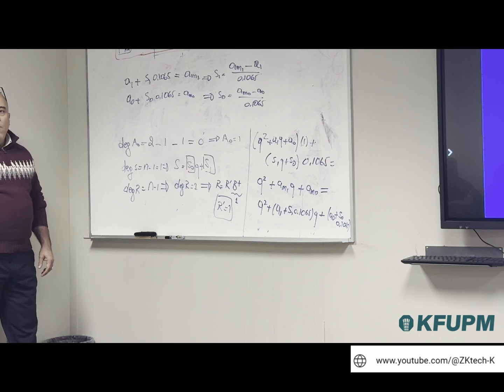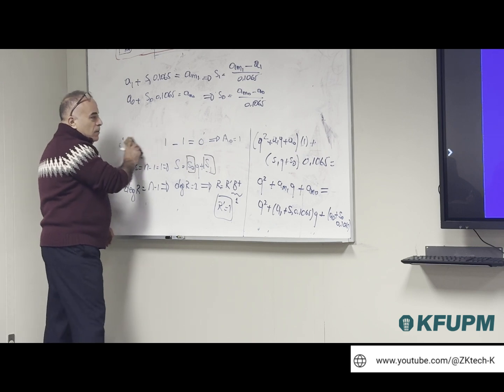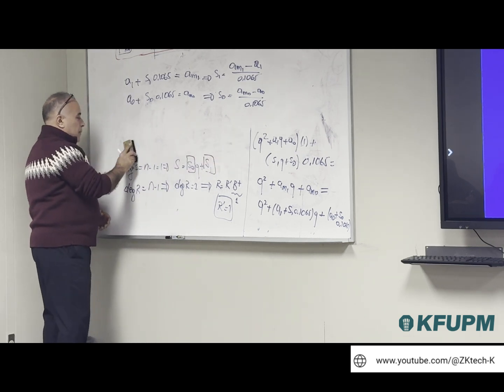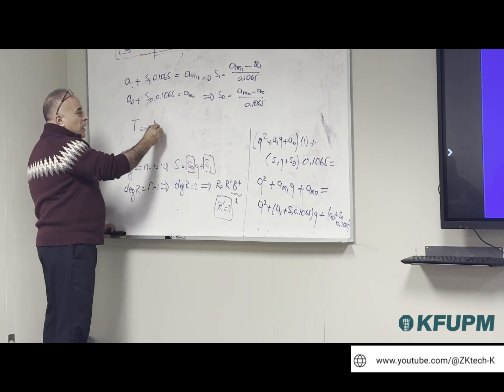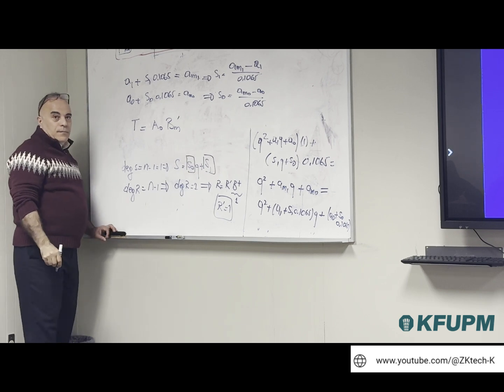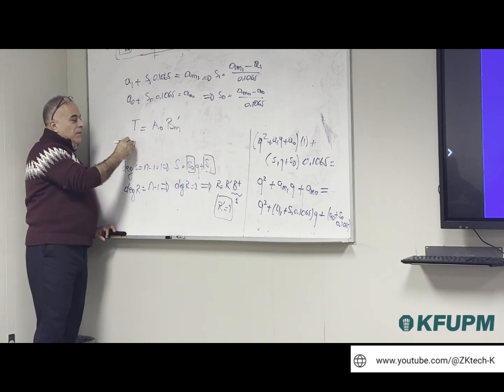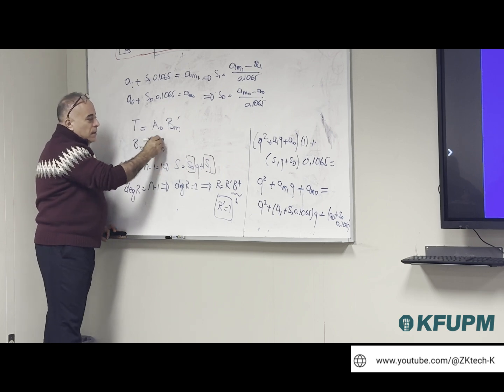There is R. What about R? There's T. Yeah. So we are left with T. And T is equal to A0 multiplied by Bm prime. And the value of Bm is equal to Bm prime B minus.